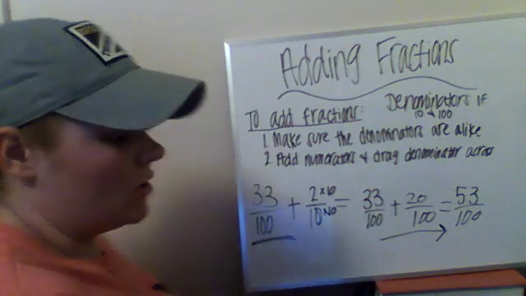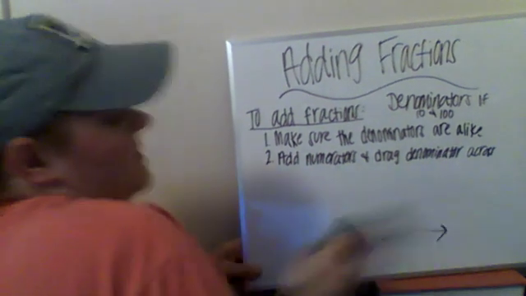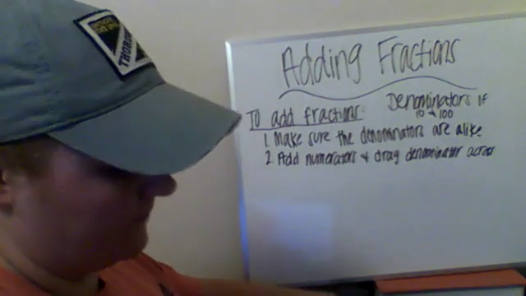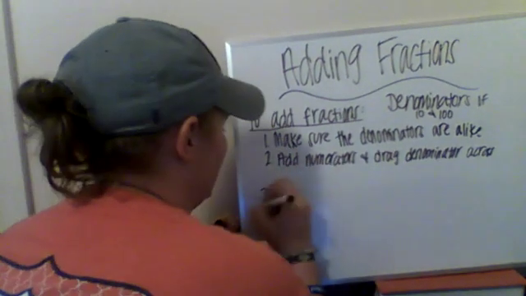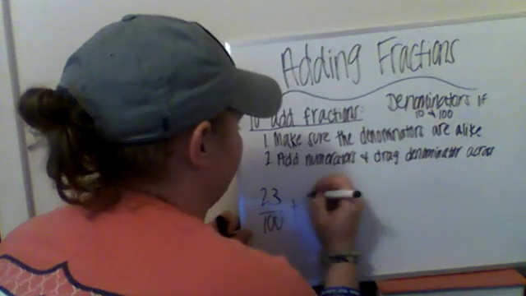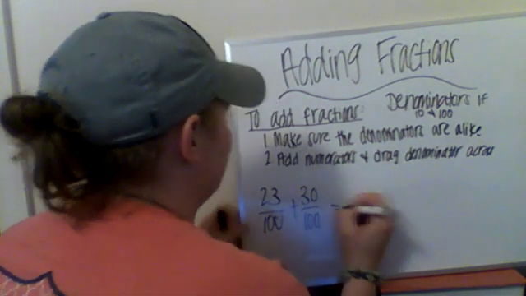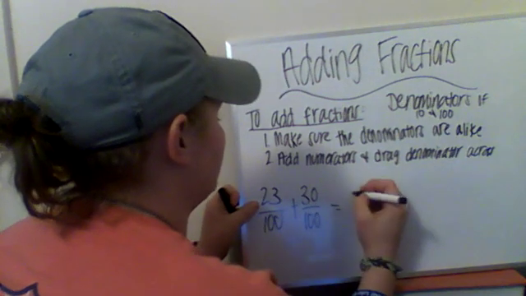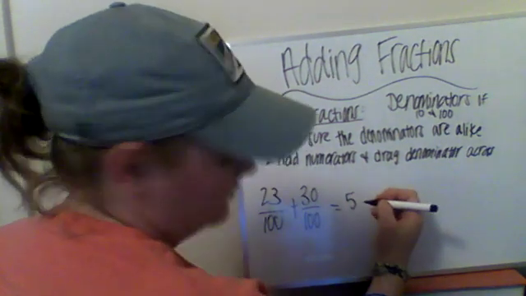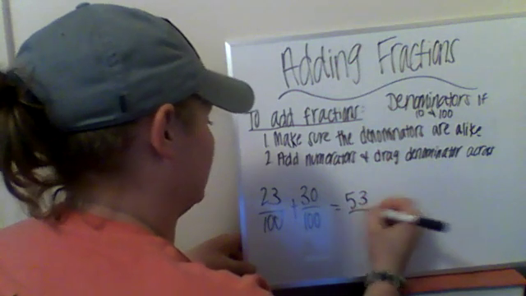So if I did all my math and ended up with 23 hundredths and, I don't know, 30 hundredths, 23 plus 30 is 53 hundredths.